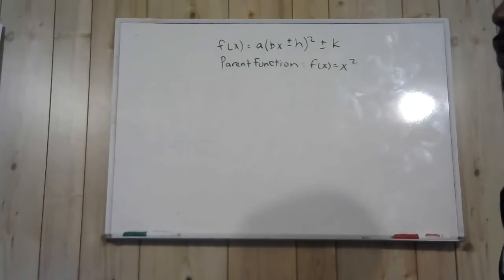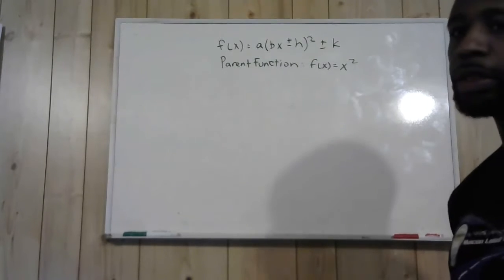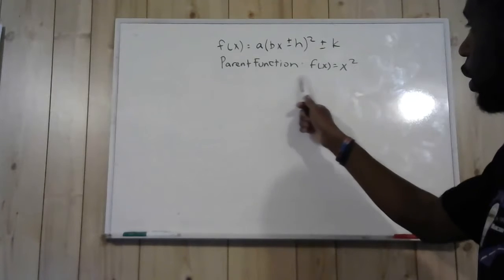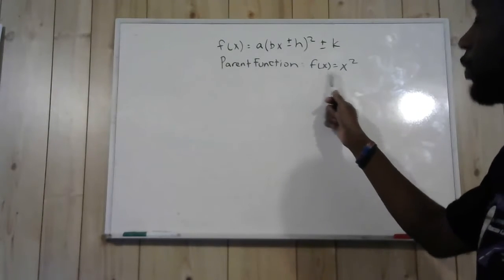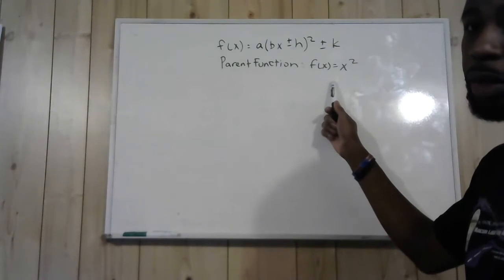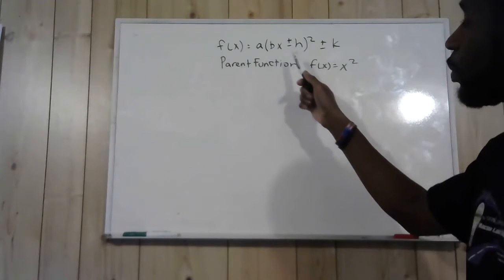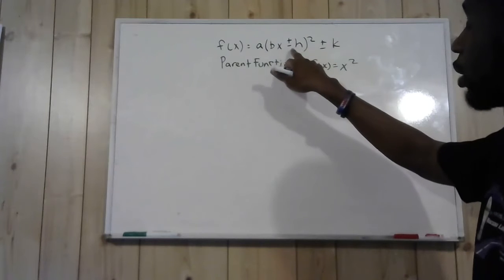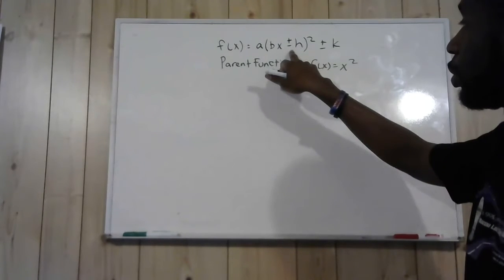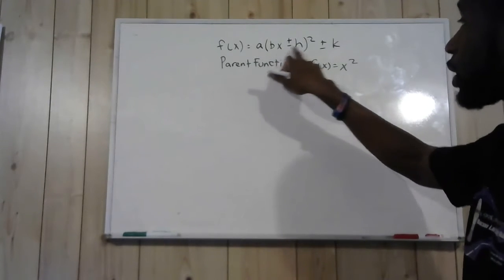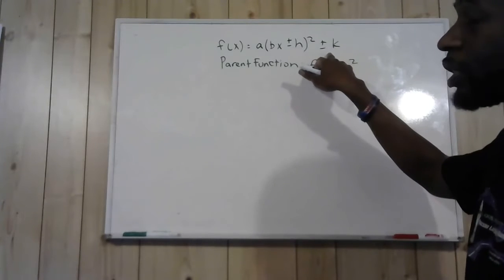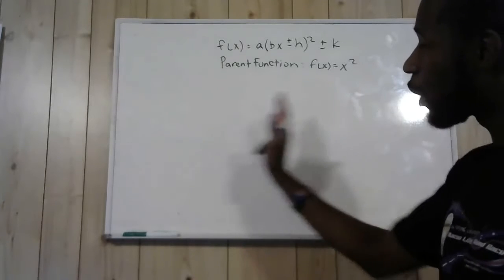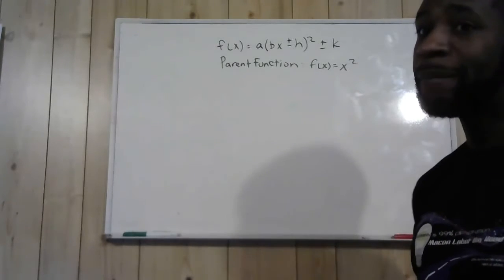So let's look a little bit more at function transformations. Now, considering this parent function, f of x equals x squared, like we talked about in the last video, if you add or subtract to x, or add or subtract to the whole function, that means that you move the whole function left, right, up, or down.